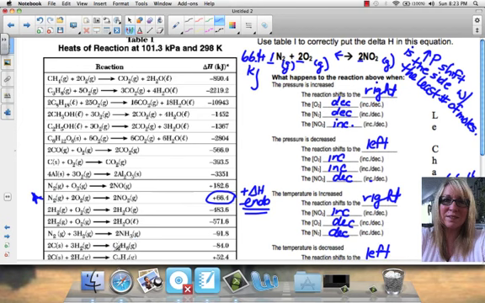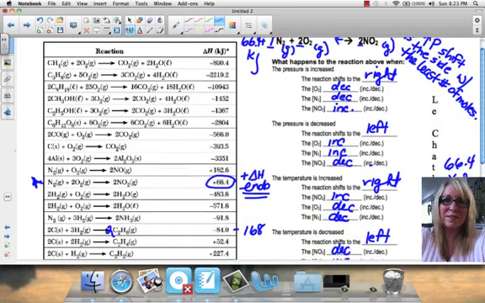And I could say to you, how much would be released if 2 moles of ethane are formed? So if there was a 2 here, then what I would have to do is double that, and that would mean 168 kilojoules are released. Sometimes they might ask you half, like here, this is for 2 moles of water being formed. They might ask for 1 mole of water, which means that you have to decrease it.